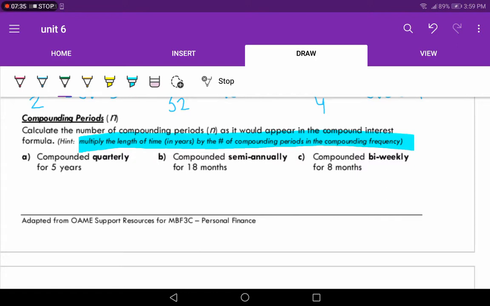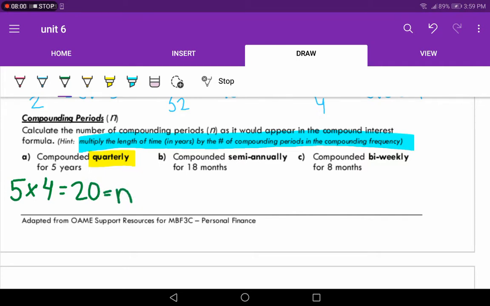All we have to do is multiply the length of time in years. This one tells us 5 years, so we need to multiply 5 by the number of compounding periods. In my question here, I see the word quarterly. So that means there's 4 compounding periods, which means my N value is 20.